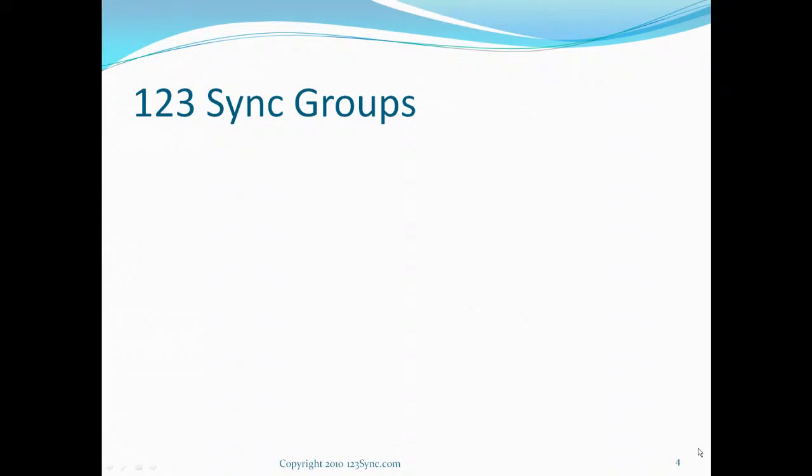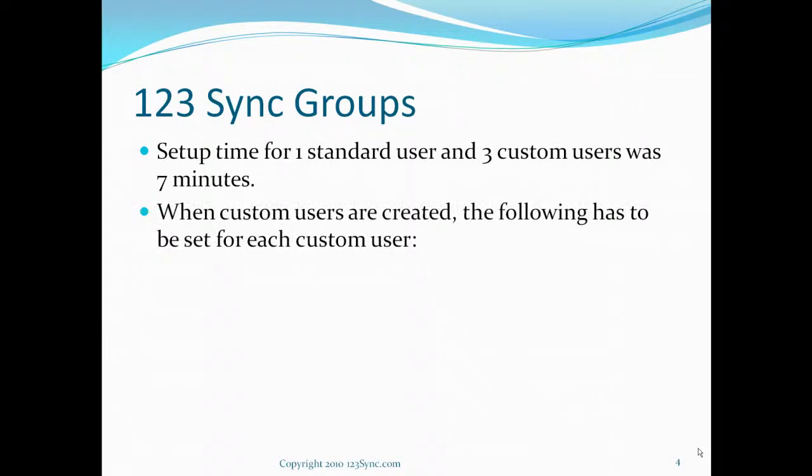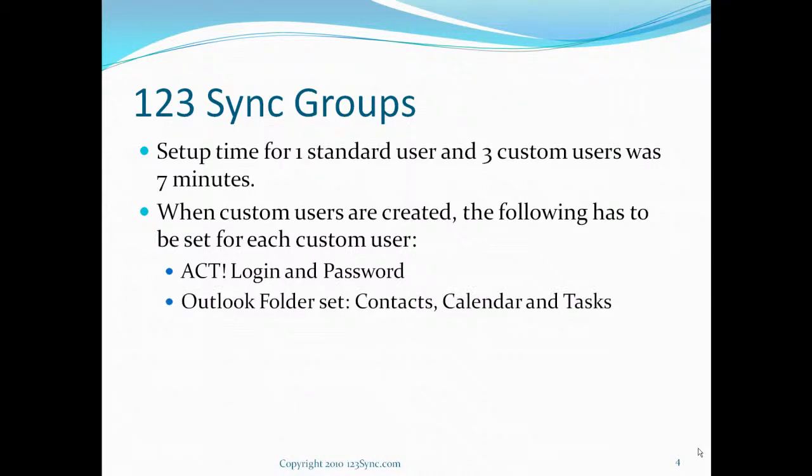To summarize what we've just done, we set up one standard user and 3 custom users in just about 7 minutes, including the mapping of all the Outlook folders. When a custom user is created, the following has to be set for each user: the ACT login and password, the Outlook folder set.